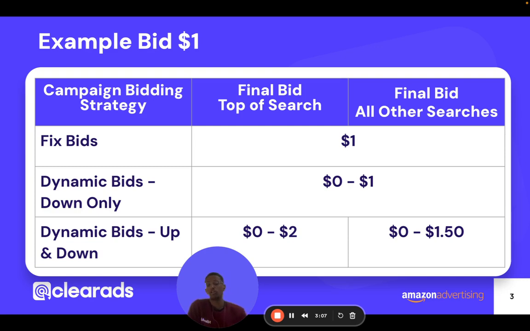You'd need to have a good volume of traffic coming through as well for them to really gauge how it works. And historically, even on different platforms, we tend to find that when you give Amazon this control, it's just more likely to spend more money. So we wouldn't advise it. We would advise you take control and pick either the fixed bids or the dynamic bids down only.